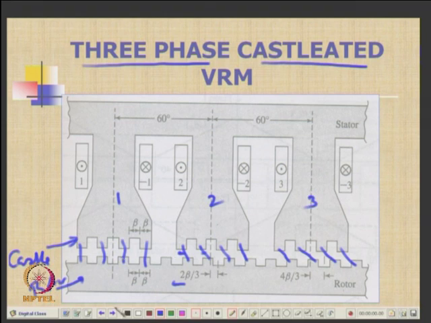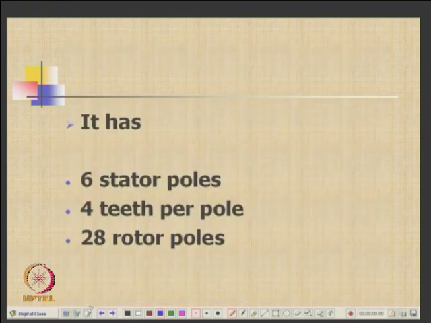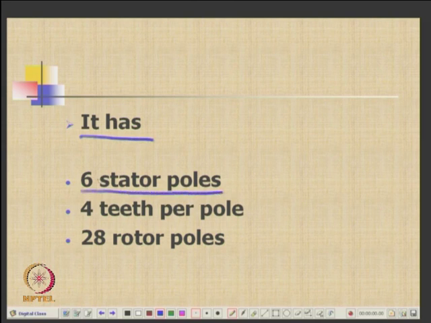So you will see these Castellated VRMs will have a smaller movement. Supposing you have 6 poles and 4 teeth per pole, there will be 28 rotor poles.